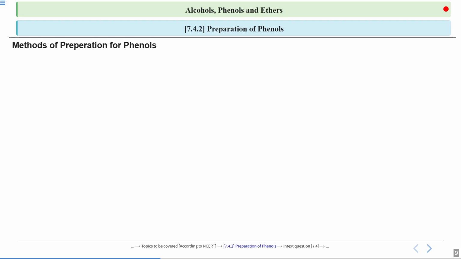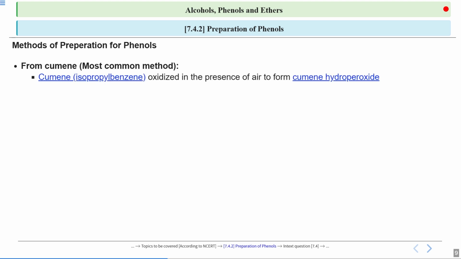If we see the next method, the fourth one for the preparation of phenols, that is from cumene. This is a very common method for the preparation of phenols. So cumene is actually isopropyl benzene. Cumene is oxidized in the presence of air, that is oxygen molecule, to form cumene hydroperoxide.